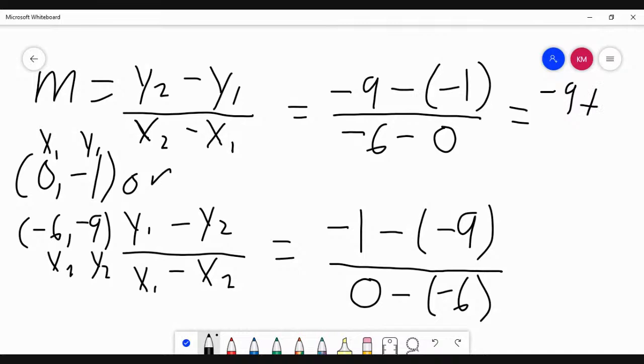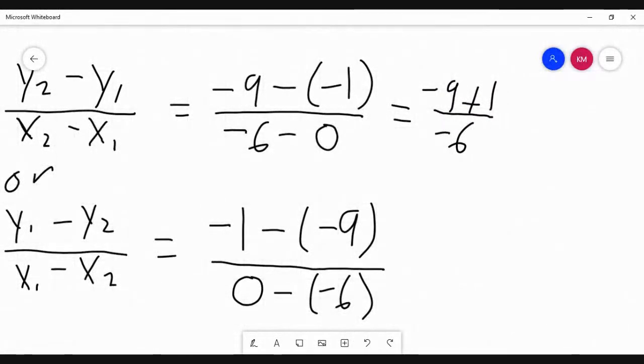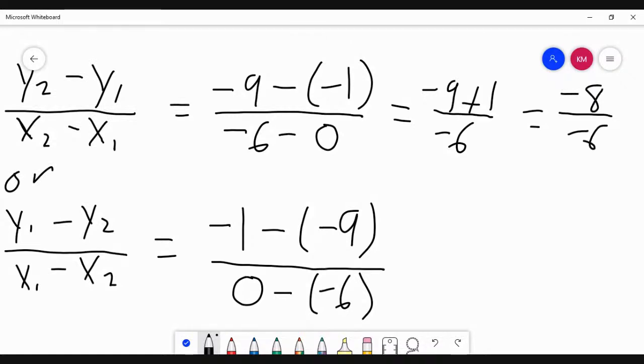Negative to negative makes that positive, so that's +1. And -6 minus 0, that is still a -6. -9 plus 1 gives me a -8 over -6.